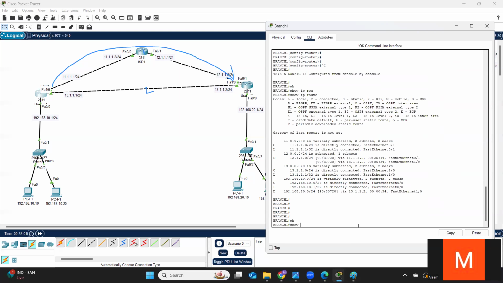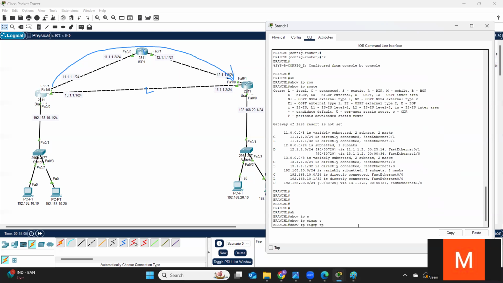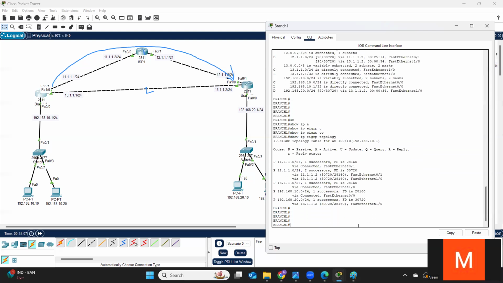In the EIGRP topology table you will get all the topology prefixes, and only the successor is shown in the routing table. So here we have two paths for this.